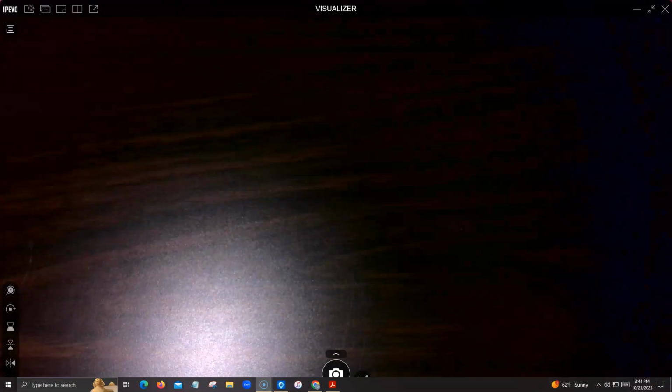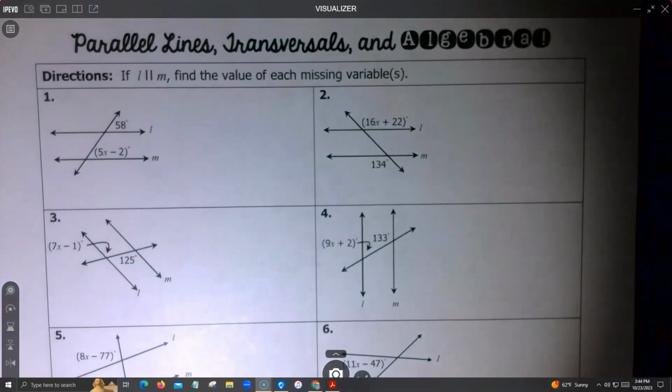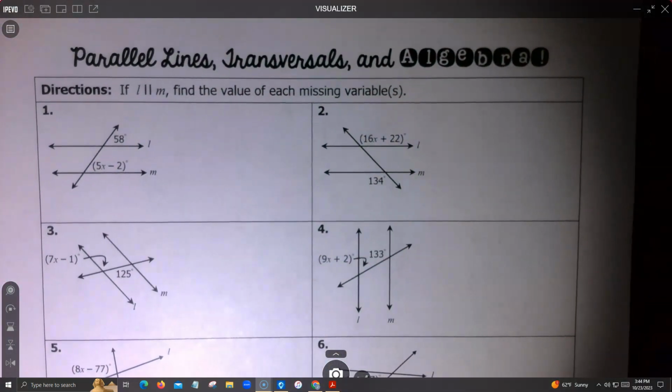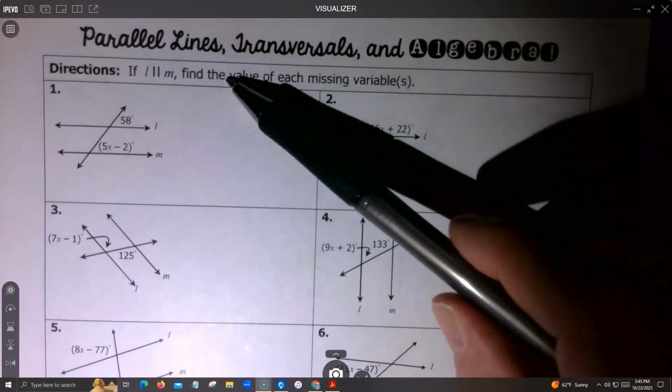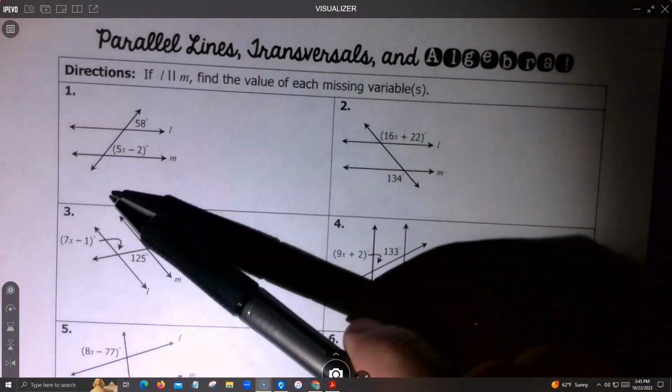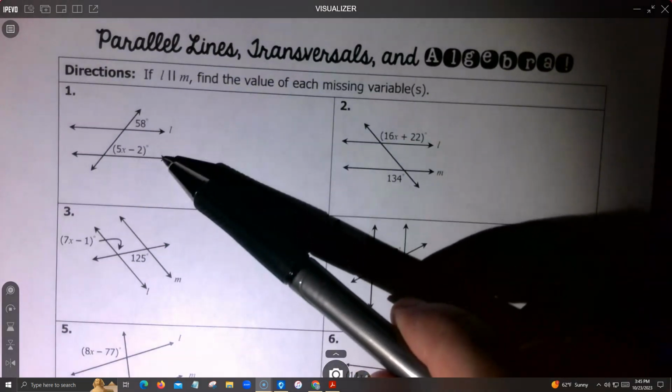All right, so the last thing we're going to talk about in this lesson is how to do the algebra. So the algebra is playing along the same lines as what you've been doing, except instead of just getting numbers, you've got expressions to go in their places. So you just have to think about, if these are parallel lines, and this is my transversal, these guys are traveling together.